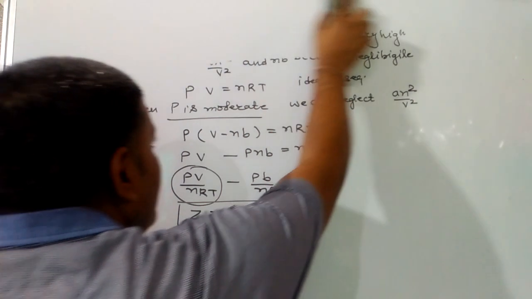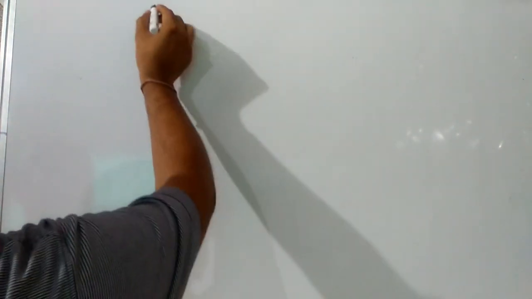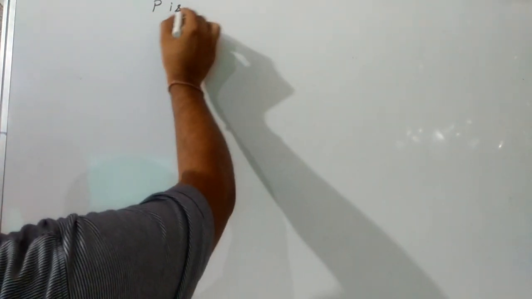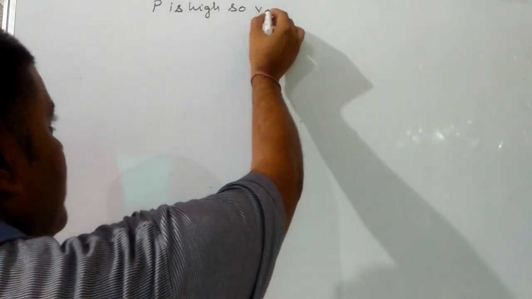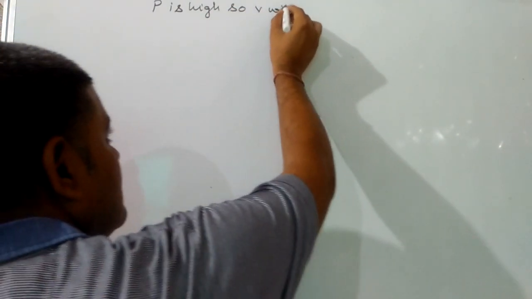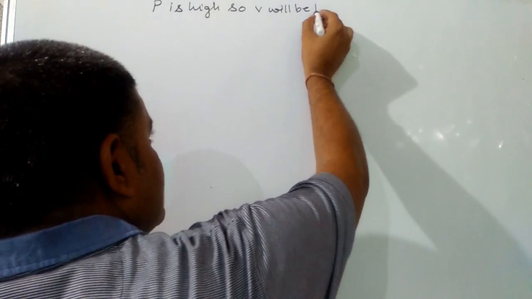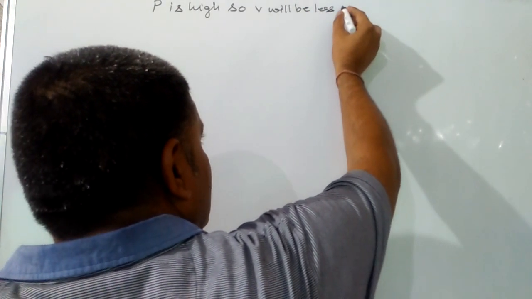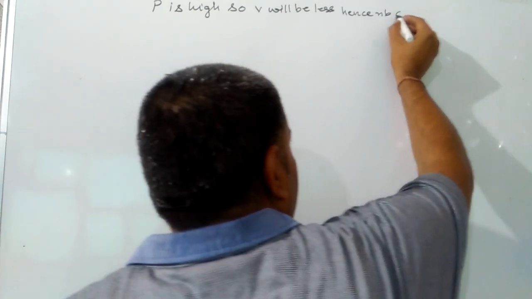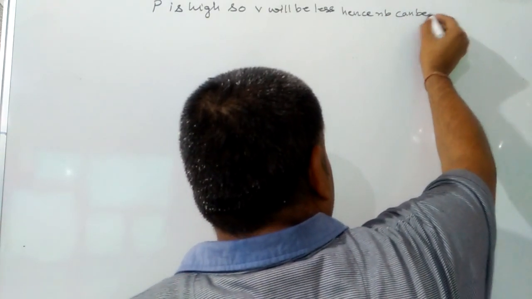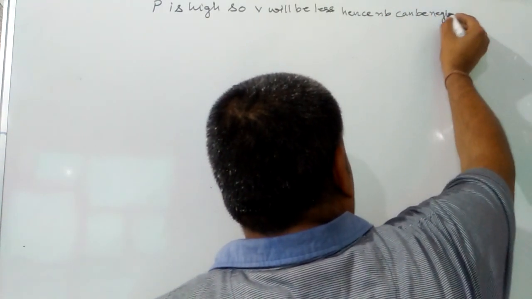Next case may be when pressure is high. When pressure is high, V will be less, hence nb can be neglected.